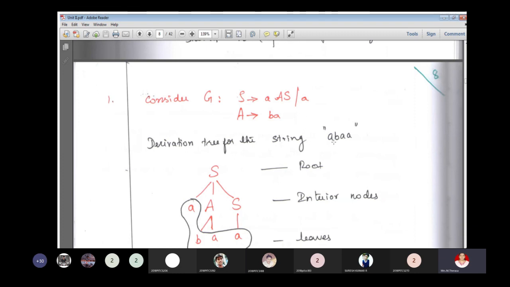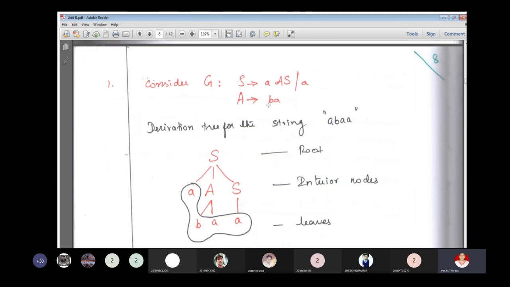So how can we derive this abaa? Always you have to start with S. And S has two production rules: aAS or a. We know that we have to choose this aAS in order to derive the string abaa.